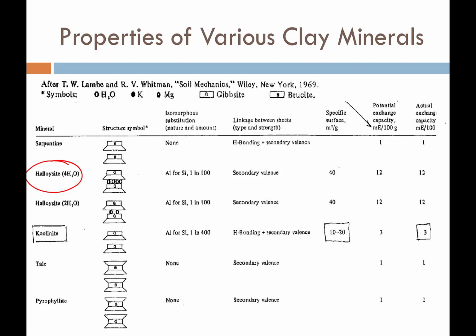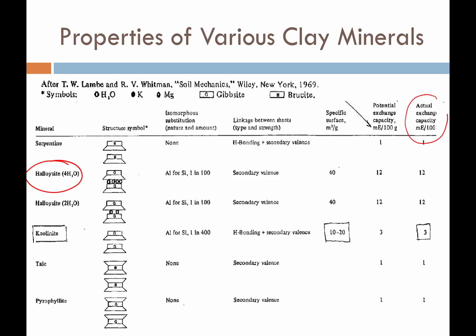Now, you'll notice this also says exchange capacity, but we have two differences. We have potential and we have actual, okay? The difference here is the potential means essentially worst case scenario, this is the highest exchange capacity we could get. If we were to take just the most reactive cation and throw it in there, this is what we could theoretically get with this type of mineral.